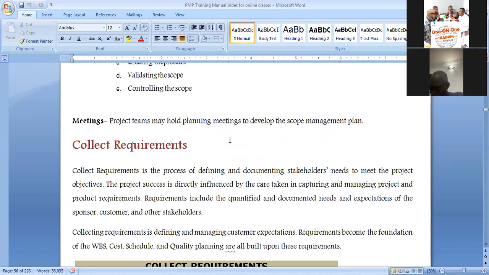So you need to meet them and collect their requirements. That is one thing you're expected to do here.